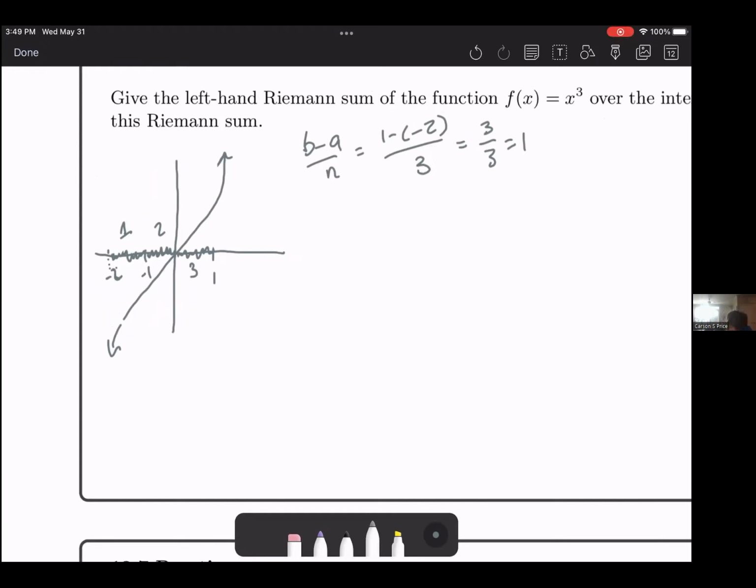So starting on the left-hand side, this rectangle right there is going to have negative height. Right? Because what's the function value on the left-hand side of that interval? It's negative. Right, so the height right there is whatever our function is at -2. Our next rectangle, rectangle 2, is also going to have negative height.